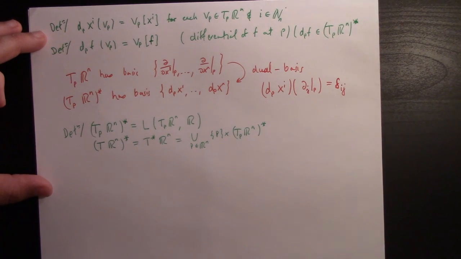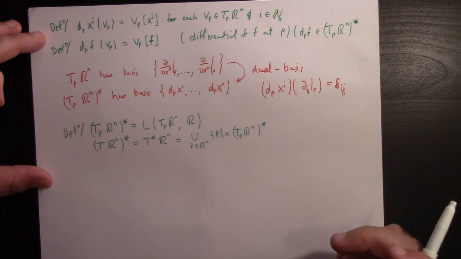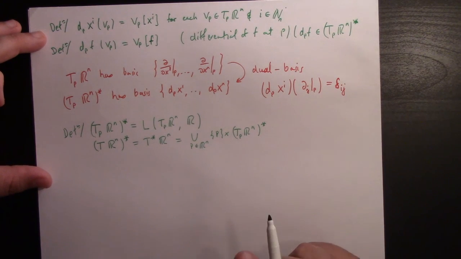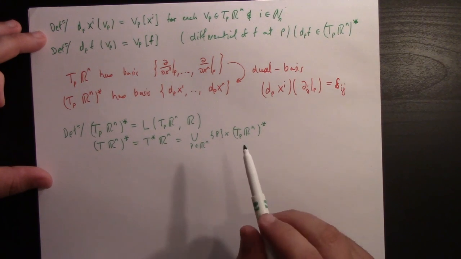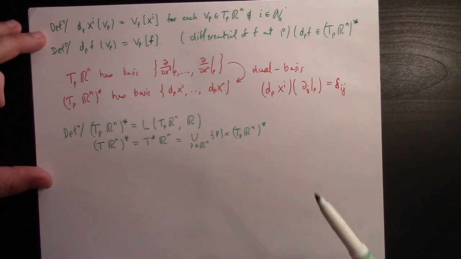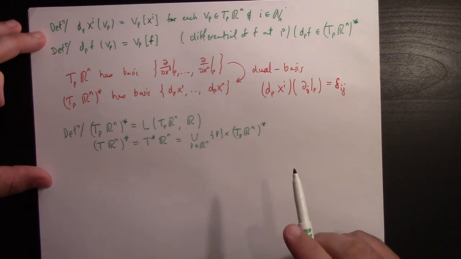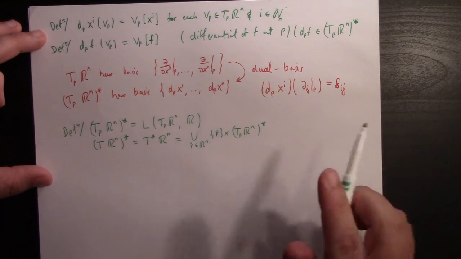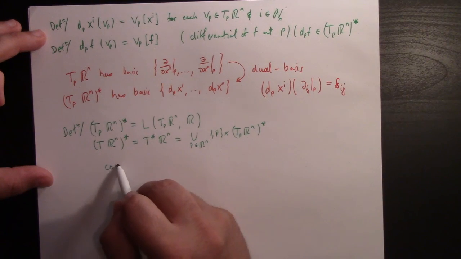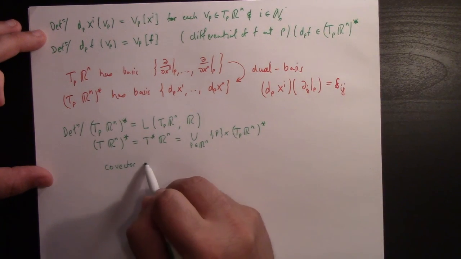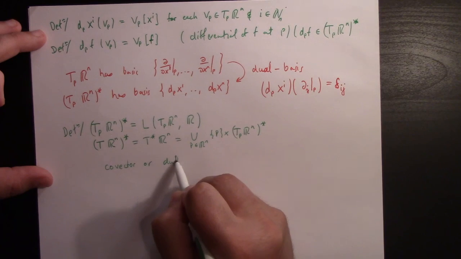So it's just attachment of the cotangent space to each point. And you can also talk about an assignment of a dual vector or a covector to each point. You might be tempted to say that a section of the cotangent bundle would represent a covector field, but that's not the language which is used. We don't typically talk about covector or dual vector fields.